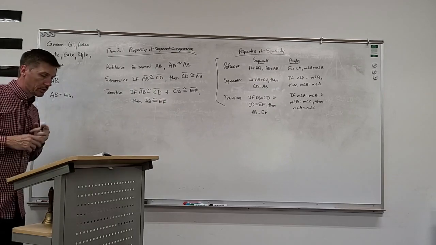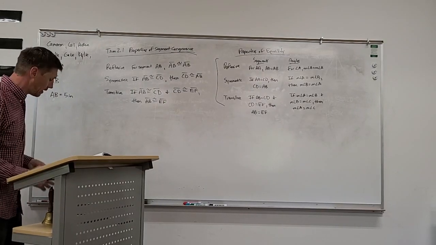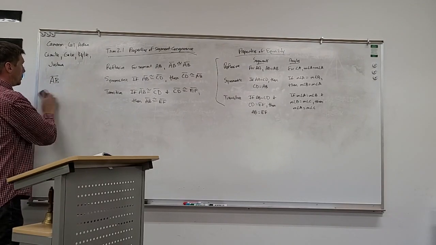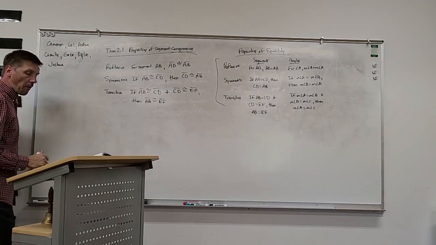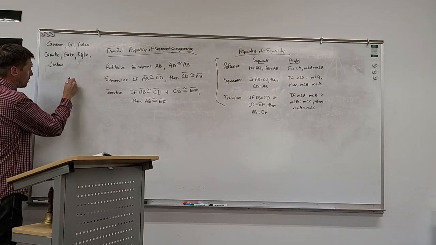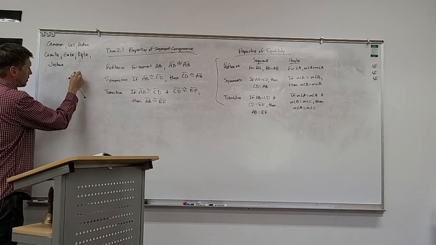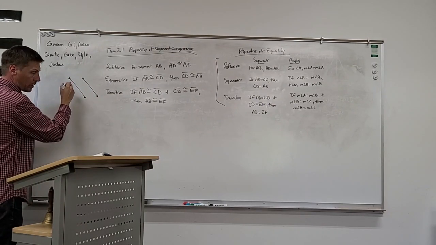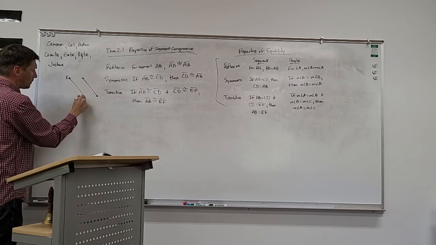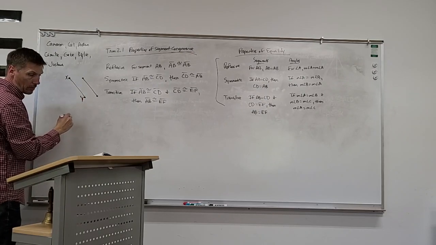Okay. So let's do an example. This is example 1 on page 102. They give us 2 line segments, one is XY, and one is PQ.